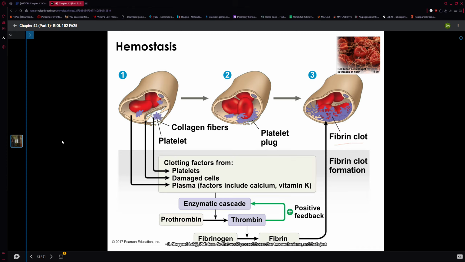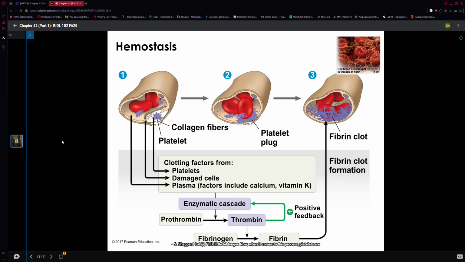So that would precede those other two mechanisms, and that's just going to be constriction of the broken vessel. So initially, the vessel gets broken, and then there will be a spasm within the blood vessels. And this is effective for smaller blood vessels, and it's useful because the spasm helps to reduce blood loss for like 20 to 30 minutes, and that helps allow for enough time for the other two mechanisms to occur because they take a little bit longer.